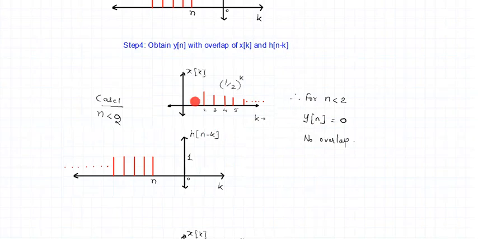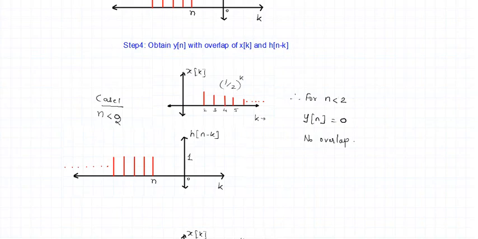So for this case, the result is y of n is 0 for all the region n less than 2. If we place this signal anywhere less than 2, these two signals will never overlap, and hence the resultant convolution for this case is always 0. So y of n is 0 for n less than 2.